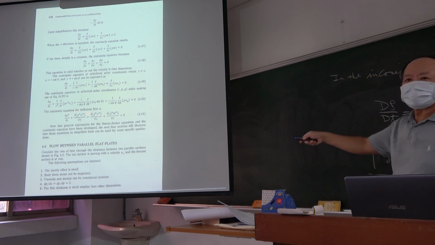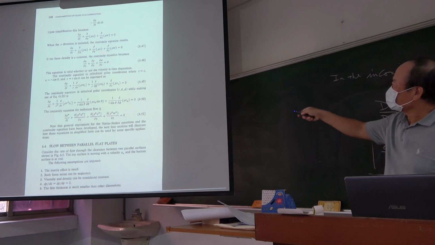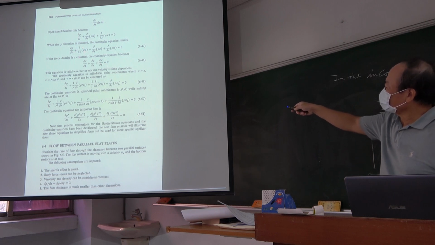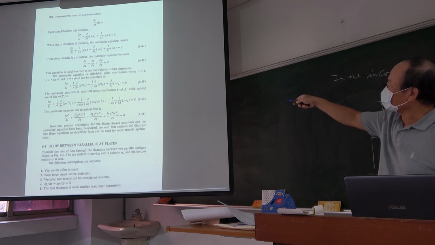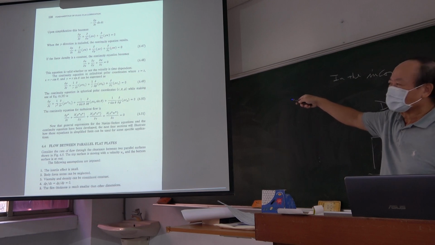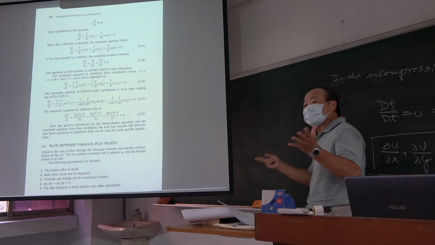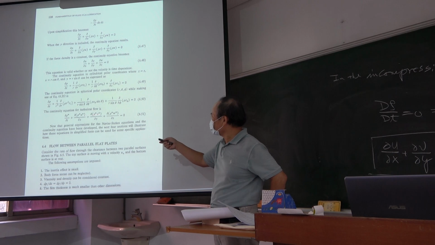Here is for turbulent flow. You find the turbulent flow is very similar to our continuity equation. This continuity equation for turbulent flow is very similar to the laminar flow. But in laminar flow, u, v, w is a local velocity, there is no fluctuation. Here, in turbulent flow, u, v, w are given with a bar over each velocity component.